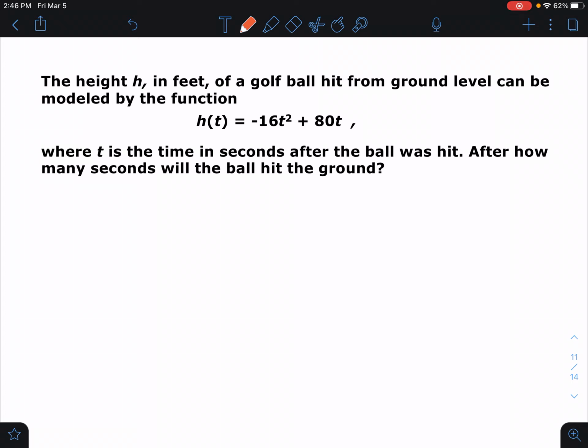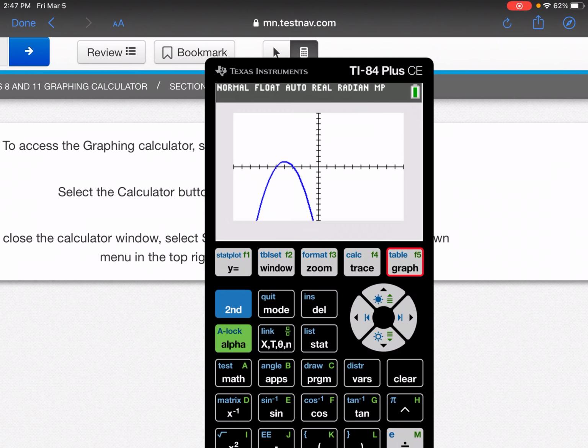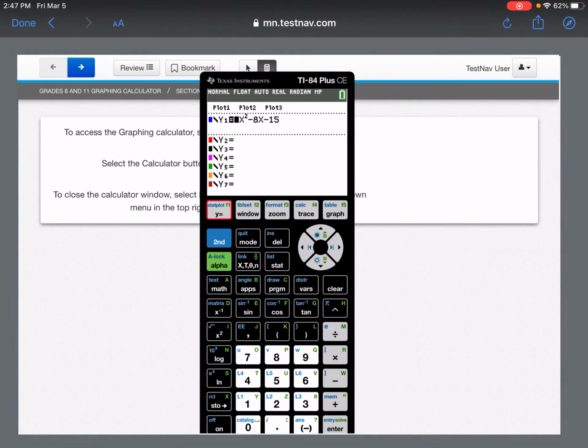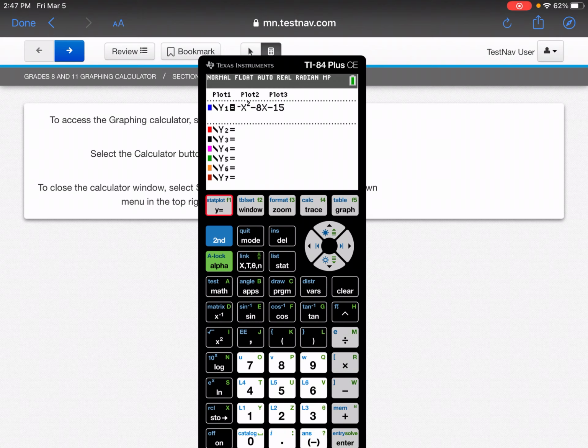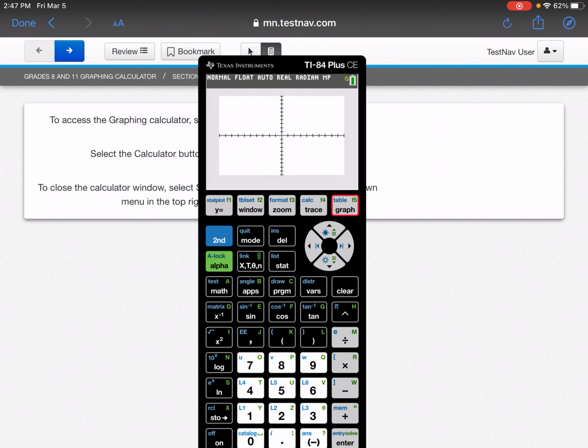Okay, so I'm going to type this function into my calculator, -16t squared plus 80t. Well, when I do that, I don't have a t, but I'm just going to go -16x, oops, let's clear that out, -16x squared plus 80x, and I'm going to press graph.